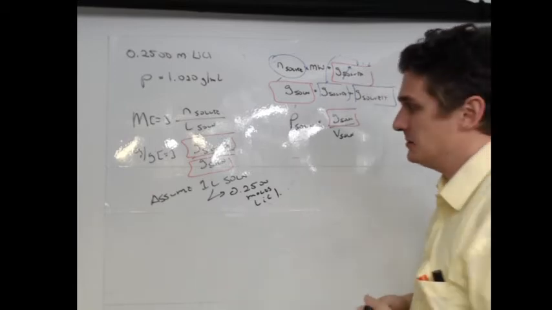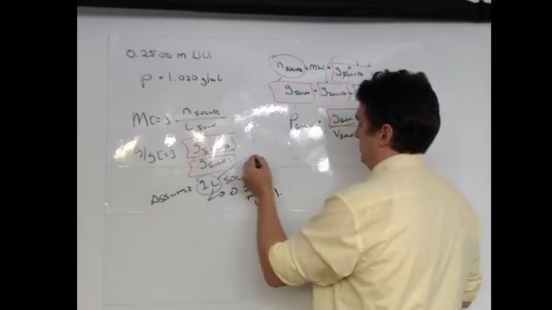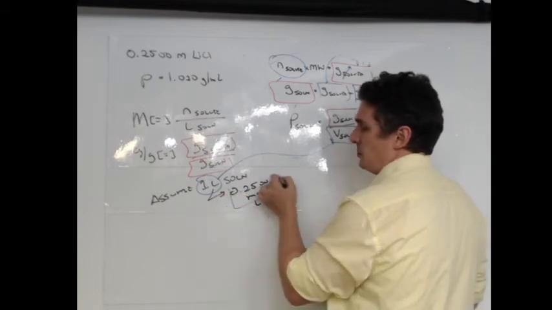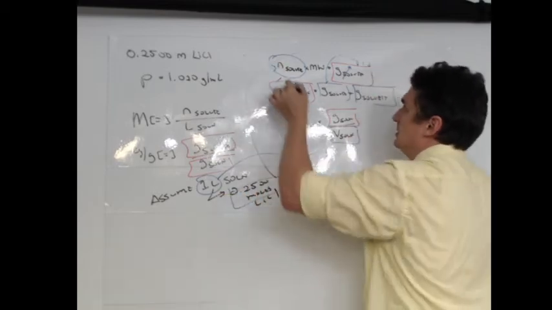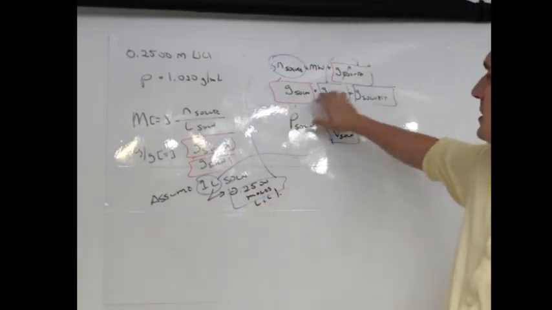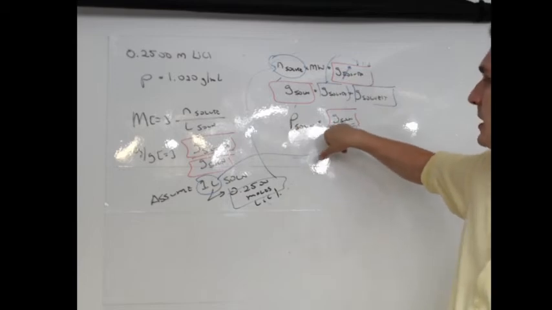So these are our assumptions. We have 1 liter of solution, which will go into our volume of solution. And because of this assumption, we're going to get 0.250 moles of solute. Now, what we need are grams of solute, and we need the grams of solution.